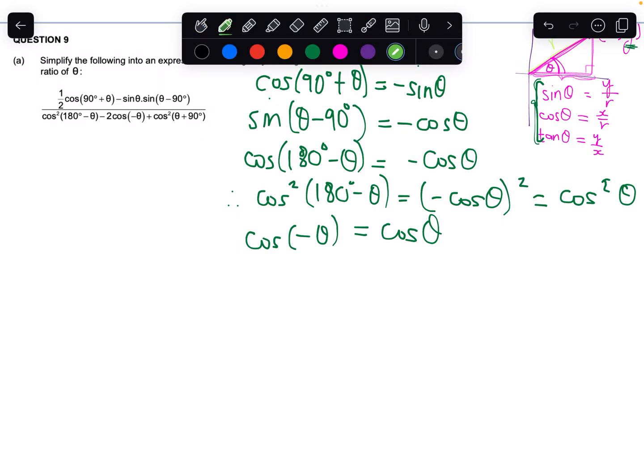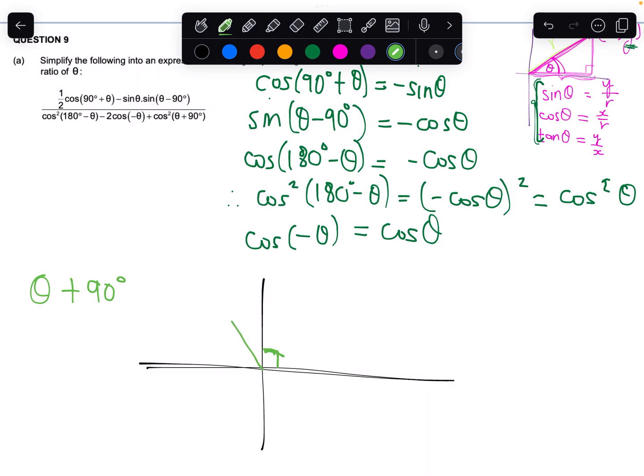So we are trying to figure out, well, okay, and we did do 90 plus theta-ish. I'm too lazy to bring back that diagram, so let's just do it again. So like I said, start with the number, right? So this is 90, and then we're going to add theta to it.